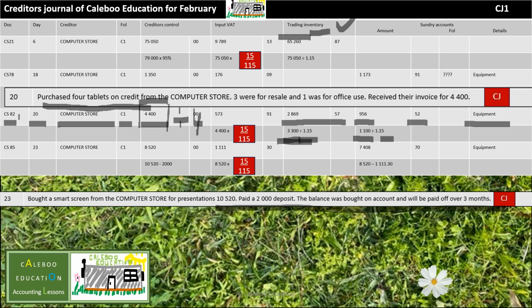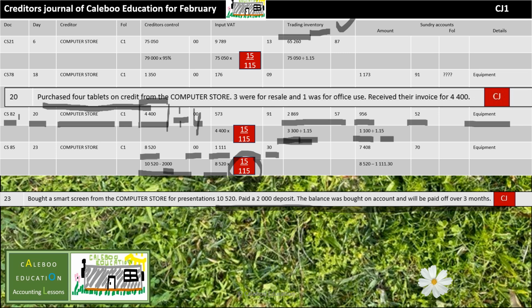Now the amount that was bought on credit of the smart screen is 10,520 minus the 2,000 deposit, and that gives you 8,520. The input VAT is 8,520 multiplied by the VAT fraction, which is 1,111.30.